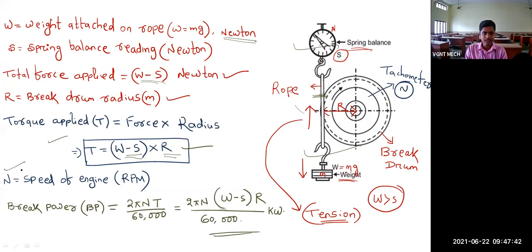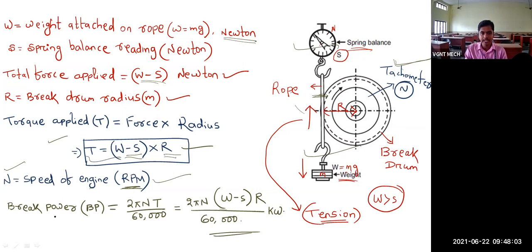Second point, we have to calculate the speed of the engine. So how to calculate the speed of the engine? By using a tachometer. This brake drum will rotate, so by pointing the tachometer over here, we can calculate the speed of the engine in RPM. Now we got the speed, we got the torque applied.